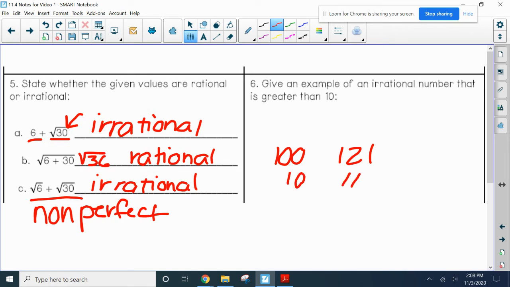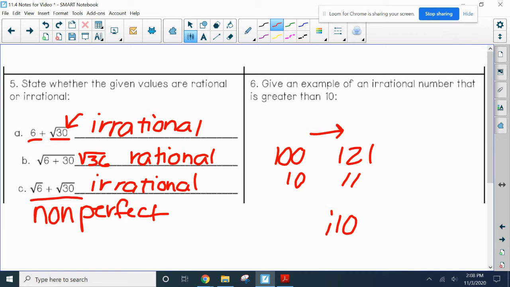I know that non-perfect squares are irrational, right? So let's pick a non-perfect square between the two of those, because it's greater than 10 and less than 11, right? Yes. So I could say 110. I could say anything between 101 and 121.